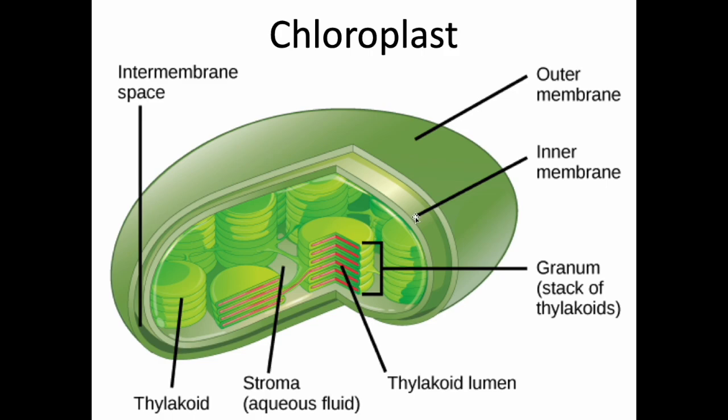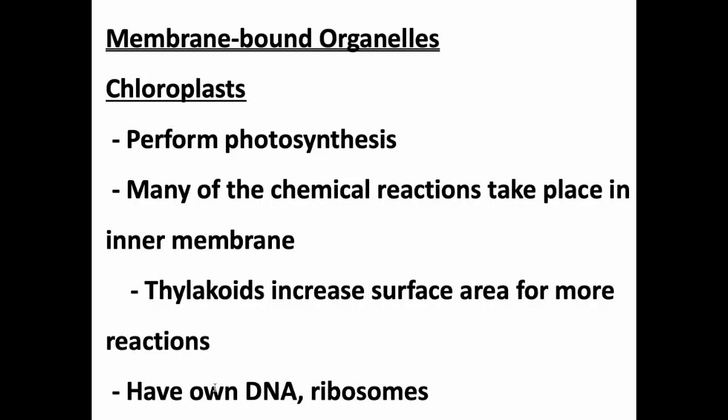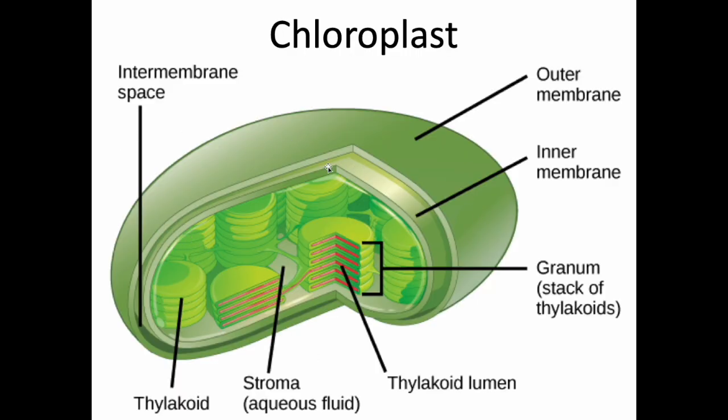Unfortunately, I like this figure, but it's not labeling the ribosomes or the DNA, but just like mitochondria, chloroplasts do have their own DNA and their own ribosomes. And the story is the same as it was for mitochondria. Again, it's more of a topic for BISC132, but these chloroplasts were once free-living photosynthetic bacterial cells.